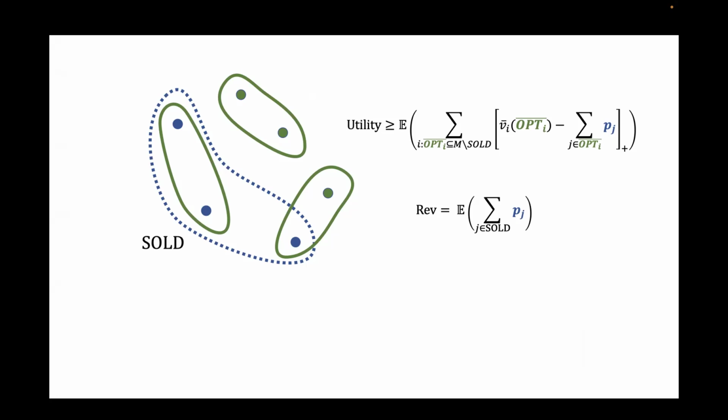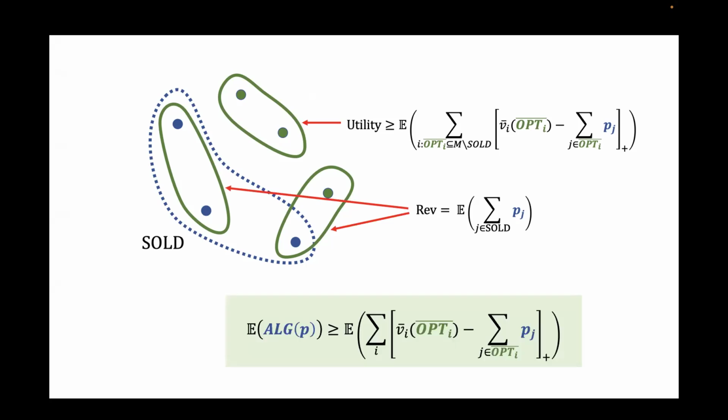For this green set here, that blue item pays for that loss, right? So that set is over there. The revenue covers all these other two sets. So the expected welfare from the algorithm, the sum of the utility and the revenue, is at least the utility for all agents in the optimal allocation, right? With this price.